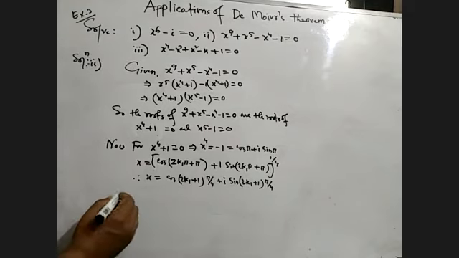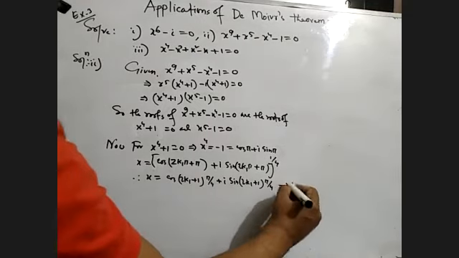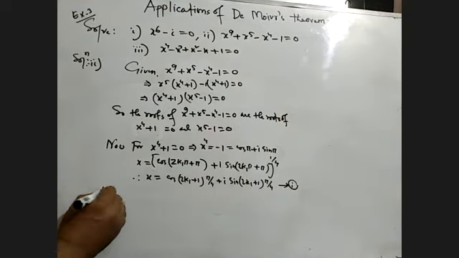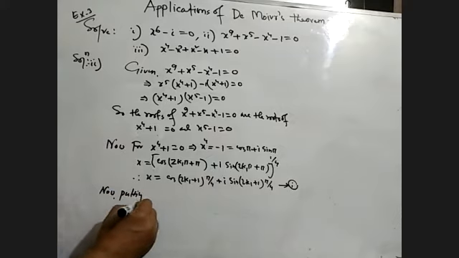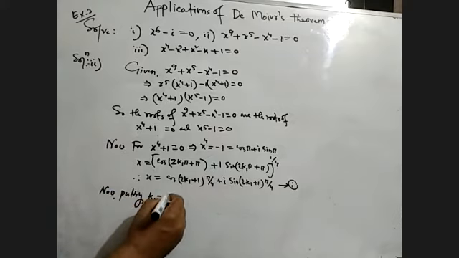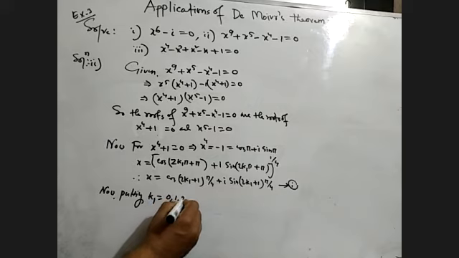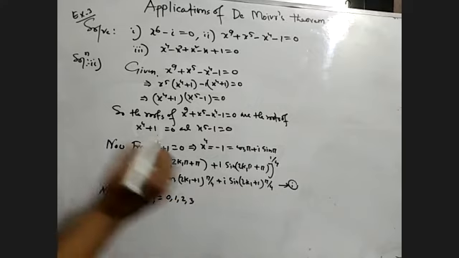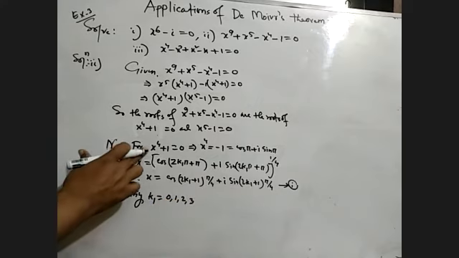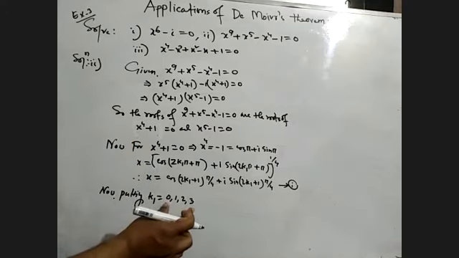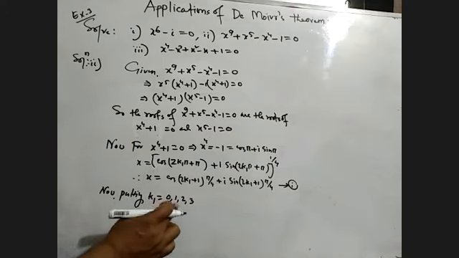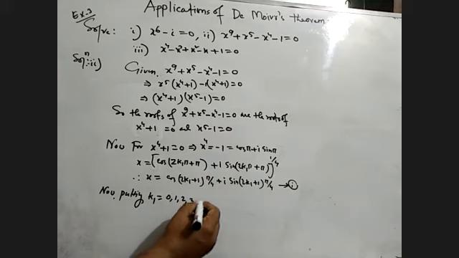This is equation number 1. Now putting k1 equals 0, 1, 2, 3, because the highest power is 4 for the first equation. This is why we have to choose the values 0, 1, 2, 3 in equation 1.